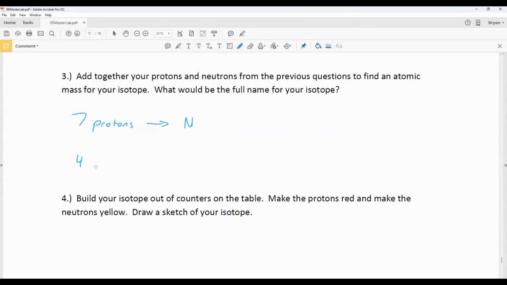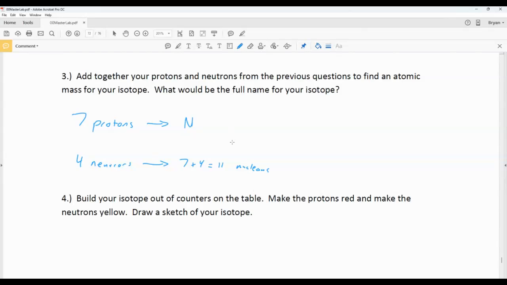And then because we've got 4 neutrons, 7 plus 4 is going to make 11 nucleons. So nucleons are things that live in the nucleus of an element.